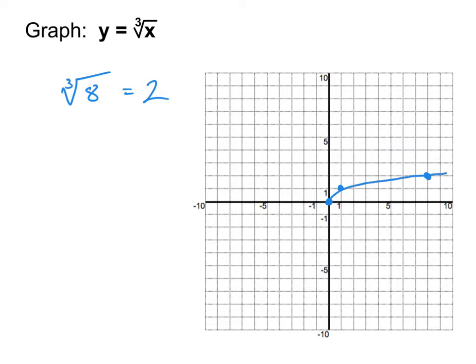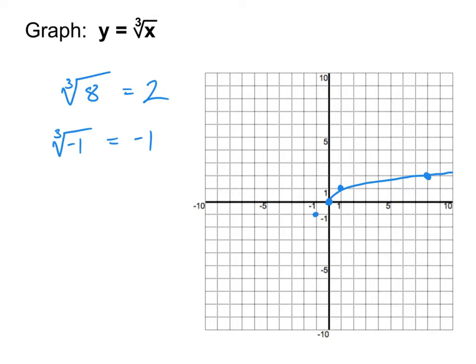The question though is, should I be plotting anything to the left? Well, can I take the cube root of a negative number like negative 1? Actually, yes. Because if I do negative 1 cubed, I do get negative 1. So the cube root of negative 1 is negative 1.